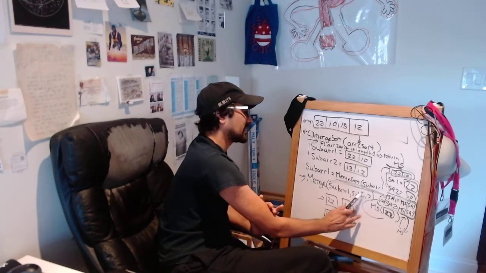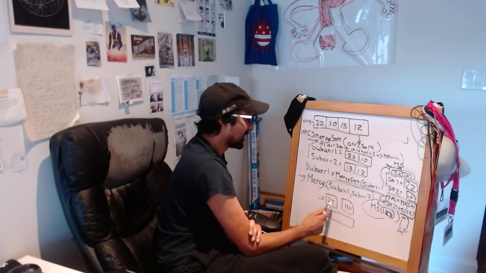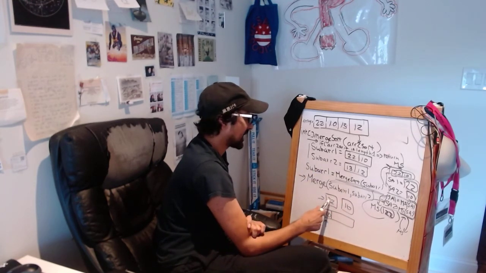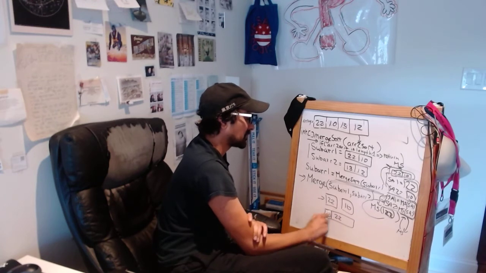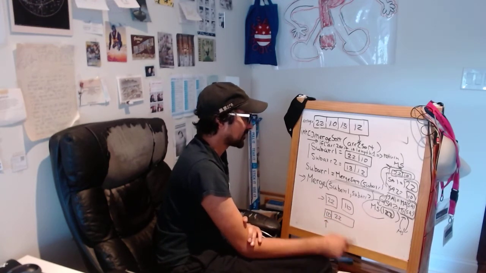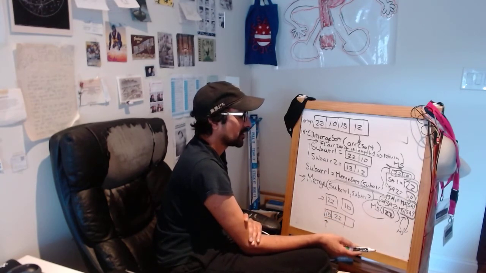We iterate this index up, but since it's bigger than the length of this array, we're done here. And so we break out of whatever loop we have, and we'll look at that loop in a second. And we end up putting 22 here, okay? And so now this is sorted, right? 10 and 22, okay?